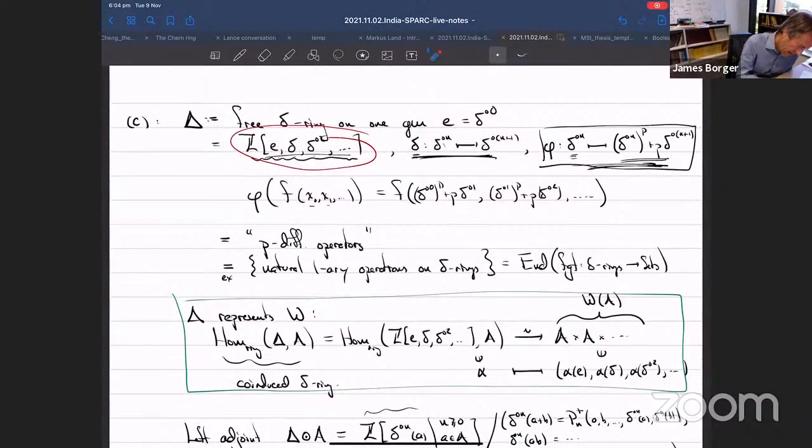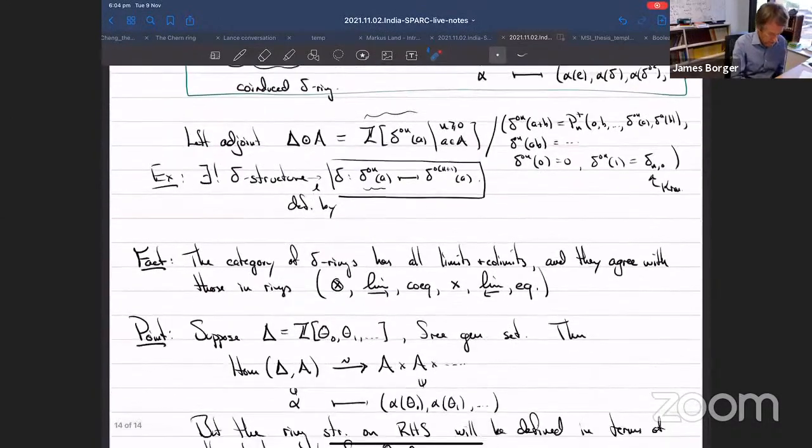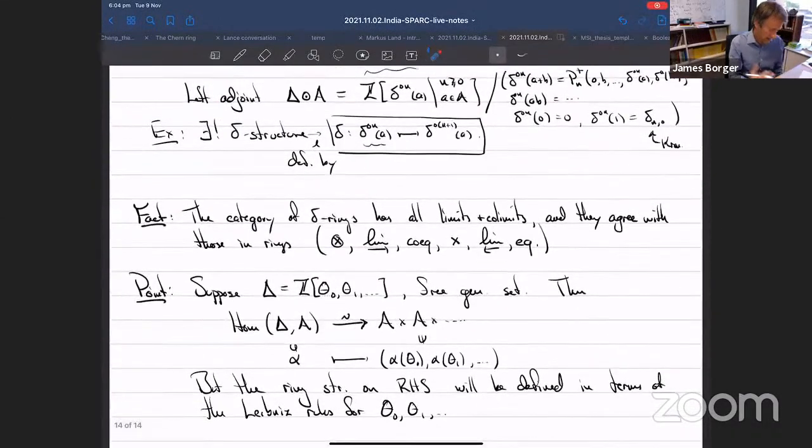So any polynomial expression in these basic deltas, the iterates of delta, will again define a natural operation on all delta rings, and each of them will have its own Leibniz rule. It will usually be a mess if you add the first derivative to the square of the seventh derivative. It will have a crazy Leibniz rule, but it will be some polynomial expression which works on all elements.